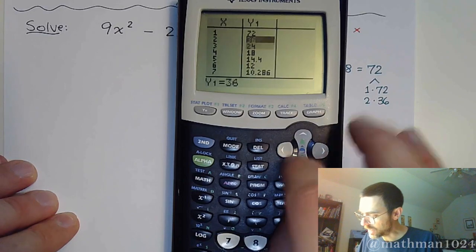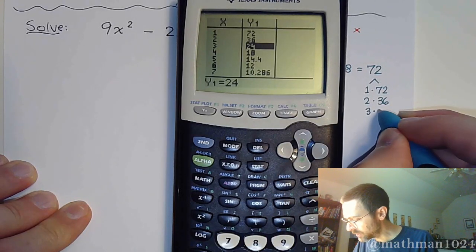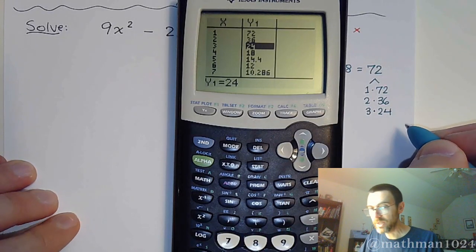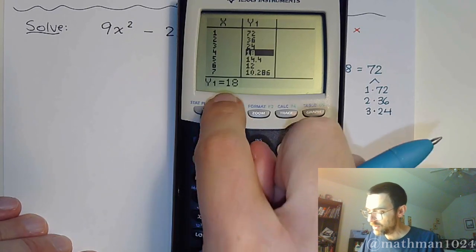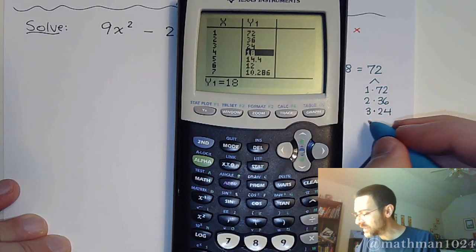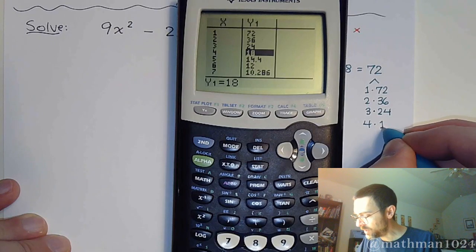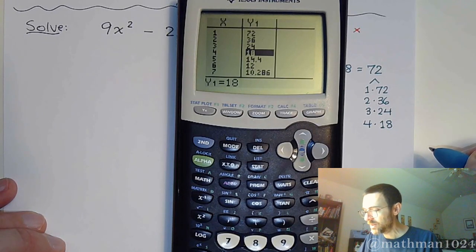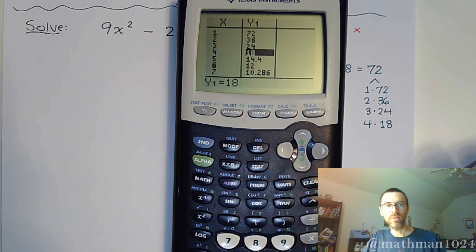All right, so go down. That's 3 and 24. Those guys add to 27. We're getting closer. 4 and 18. Oh, wait a minute. That's the combination that we're looking for, right? 4 and 18 will add to 22.